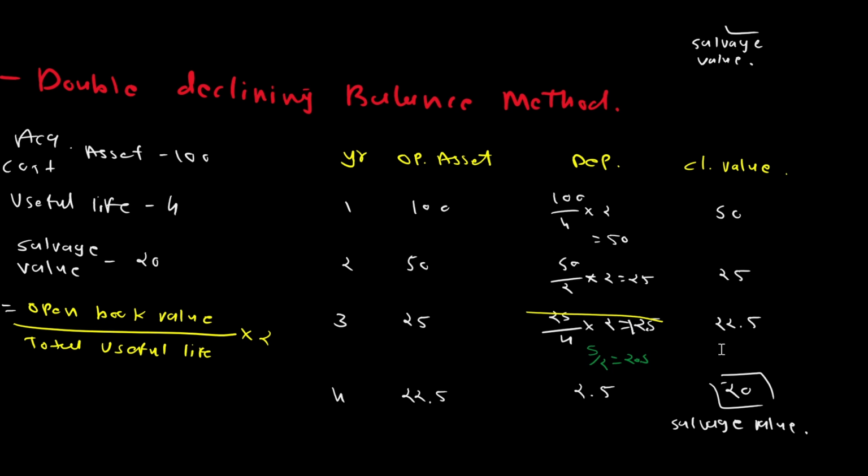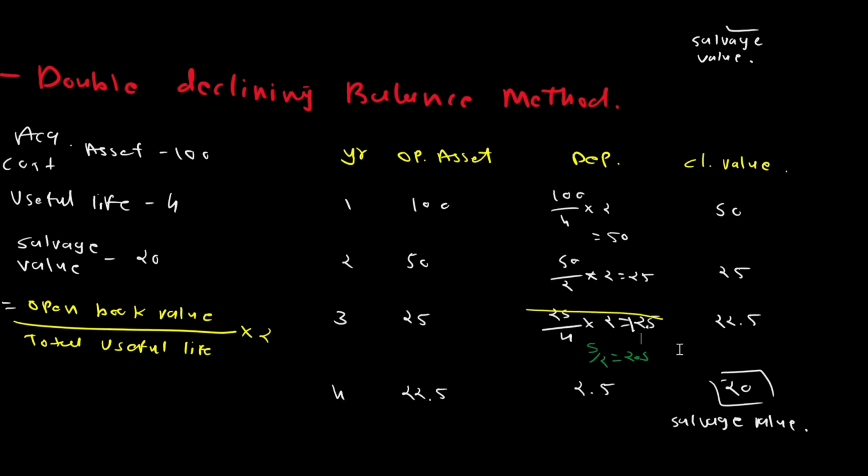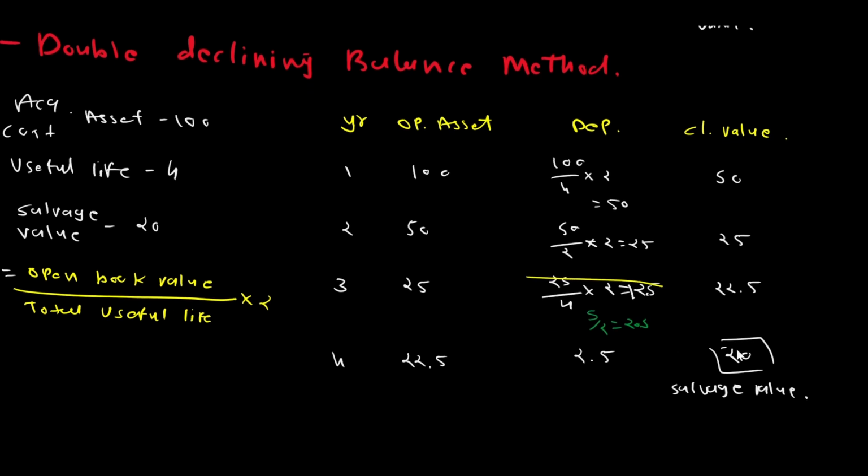In this example, I spread it out over 2 years, 2.5 and 2.5, and I will retain this 20 as a salvage value. So in the double declining balance method, you need to do this kind of adjustment in the later year also to come to the salvage value.